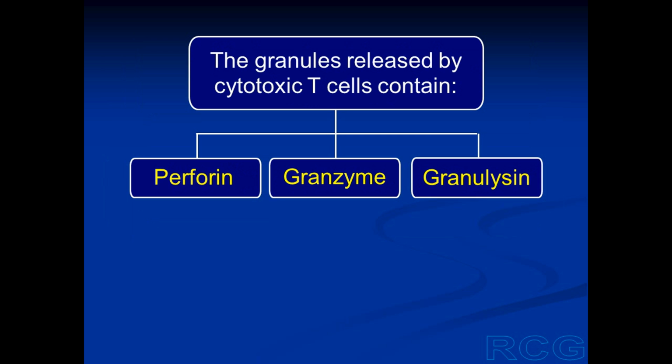The granules which are released by the cytotoxic T cell contain three proteins: perforin, granzyme, and granulysin. So several molecules of perforin, several molecules of granzyme, and several molecules of granulysin are released from the cytotoxic T cell, and they are directed at the infected cell.